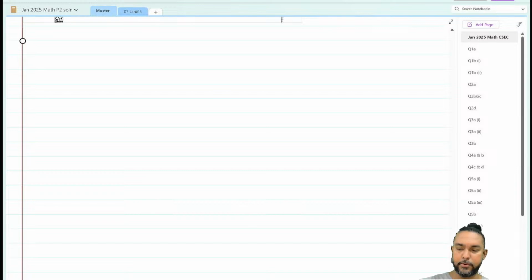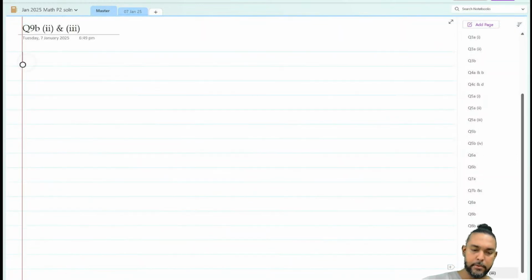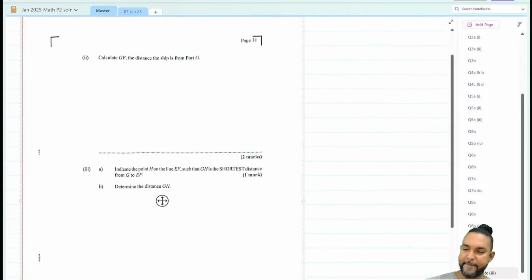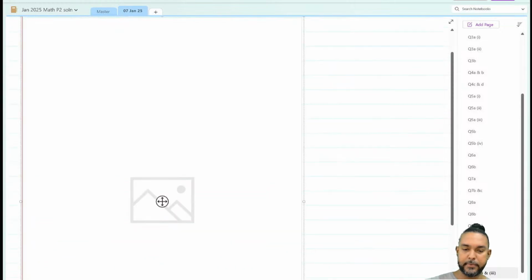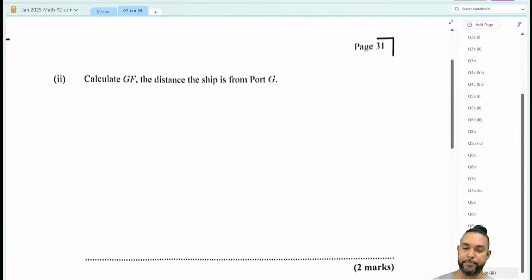Cut, and then first of all we're going to paste it here, and we're going to go from here and paste it as well. Okay. Calculate GF, the distance the ship is from port G.